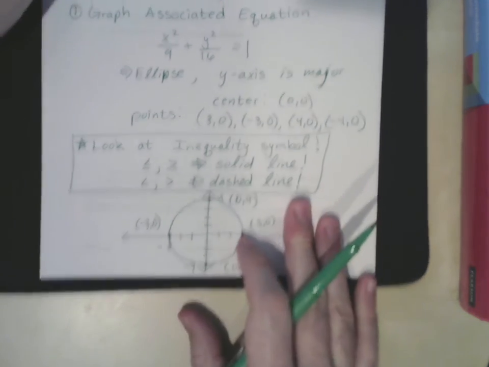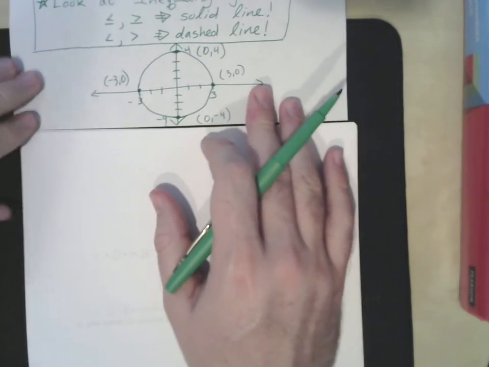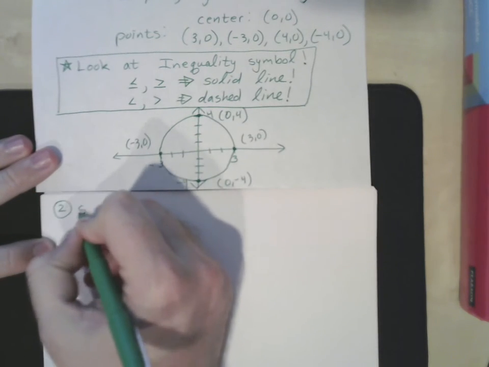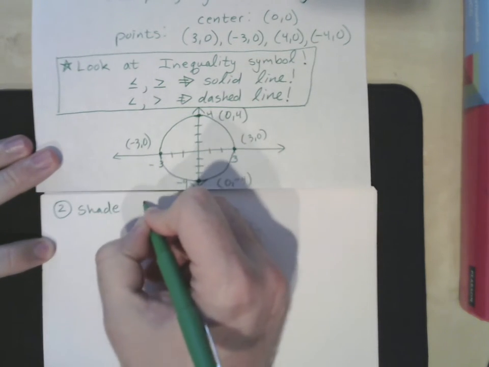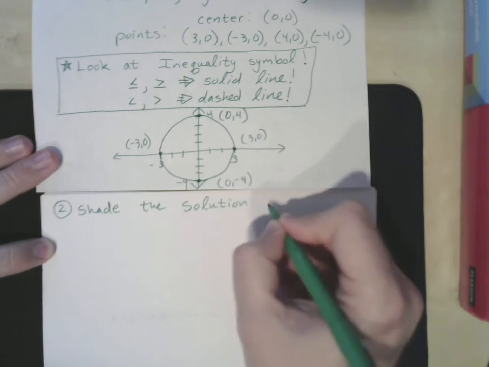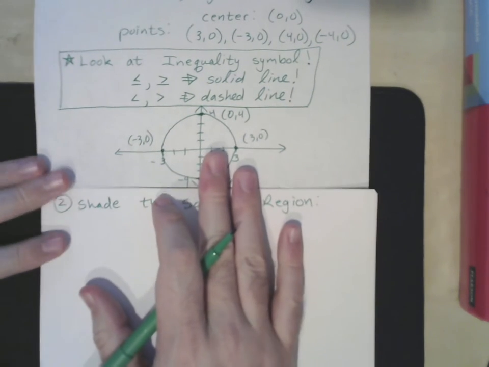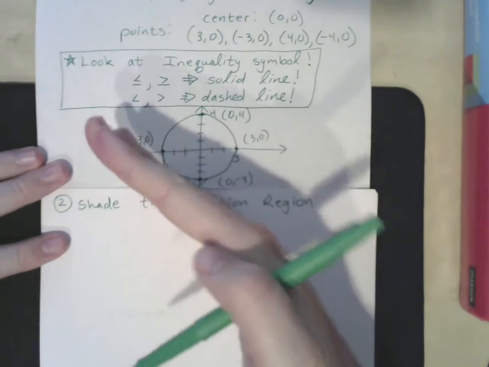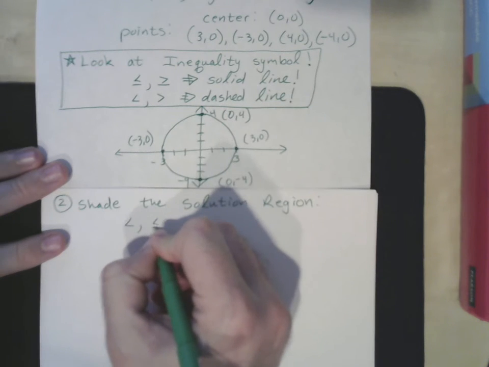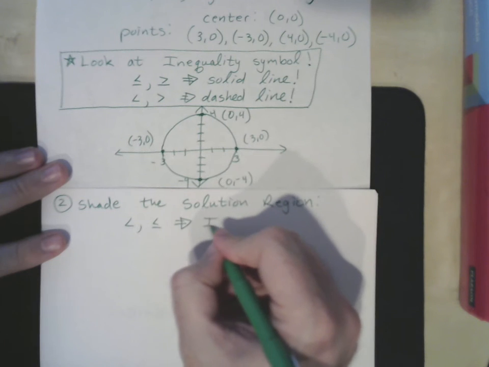And then the next step, this is where the biggest change comes from. Our linear inequality, so this is step 2, is where we shade our region. And this is the solution region. So for linear equations, we always thought of lines. You can be above or you can be below. For conics, less than or equal to, it's not above and below, it's inside.